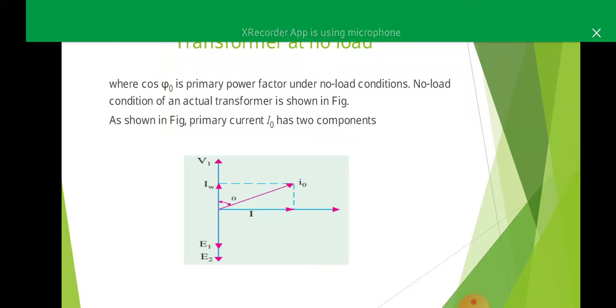So in the figure, I0 has two components: I_W on the y-axis in phase with V1, and I_mu in phase with the flux on the x-axis.